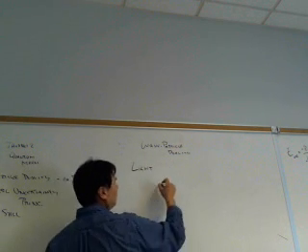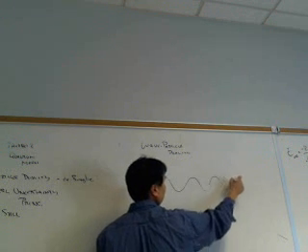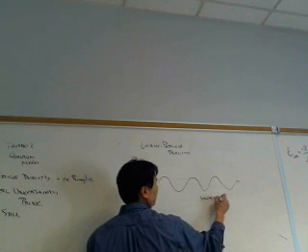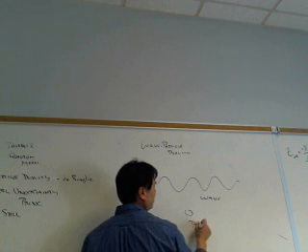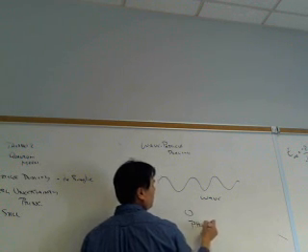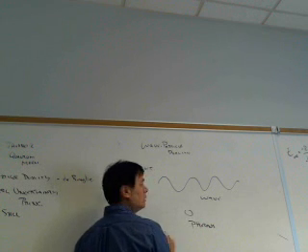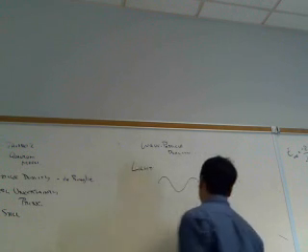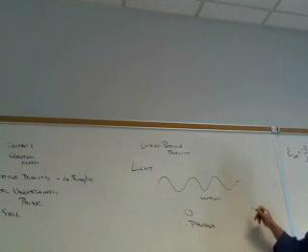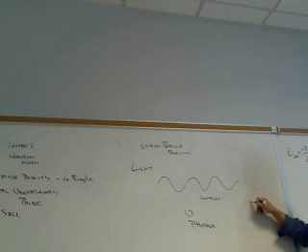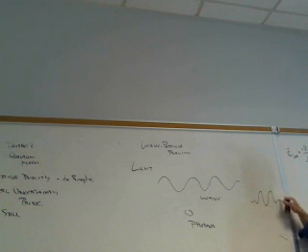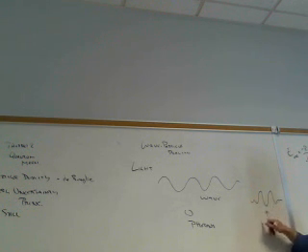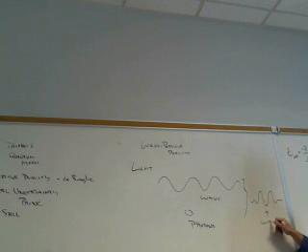Light has this oscillating field, and so it's like a wave, but light is also like a particle because we have these photons of light. And so how do you combine it together? When you combine it together, we see something like a wave packet.